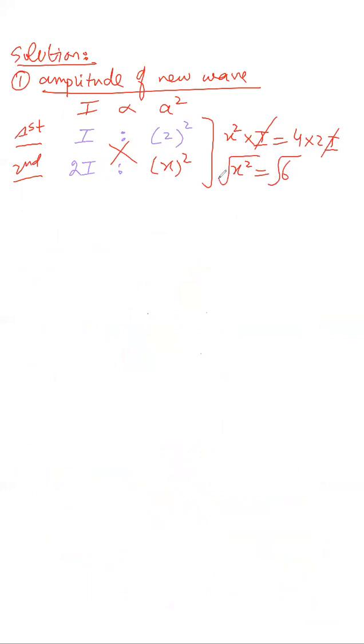And you have to take the square root of 6. So the square root of 6 is 2.45, right? It's 2.45. It means that now you got the amplitude of 2.45.